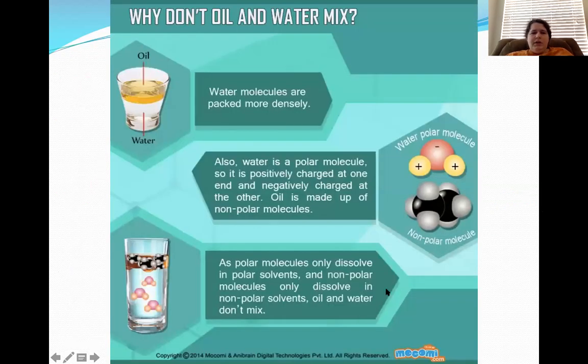So water does this because water molecules are packed very densely. What happens is the bonds that form between the water molecules, they're called hydrogen bonds, basically cause them to get very, very densely packed. And therefore they sink down to the bottom. Oil is what we call a nonpolar molecule.